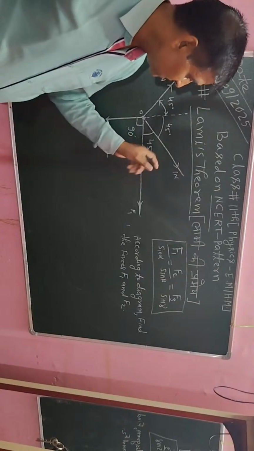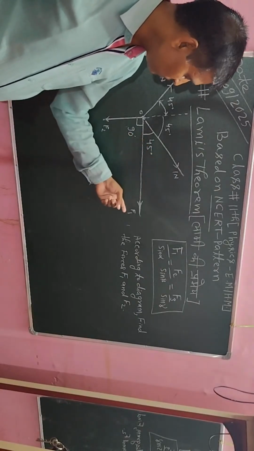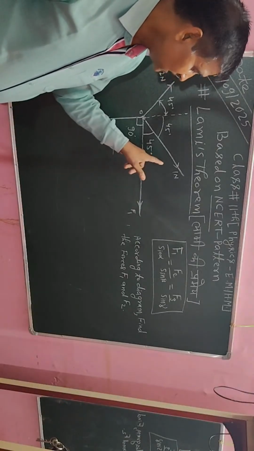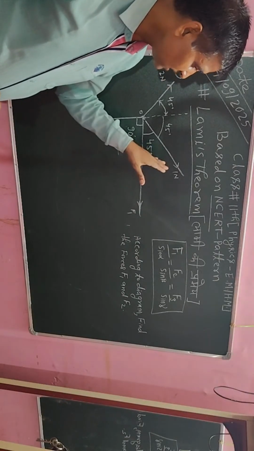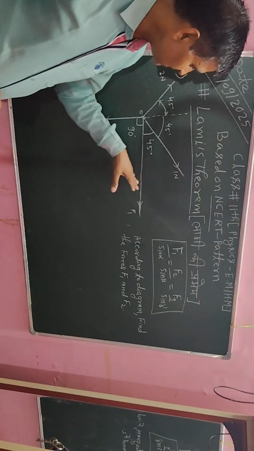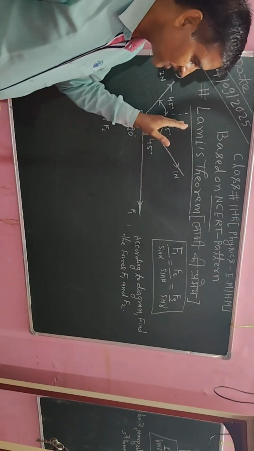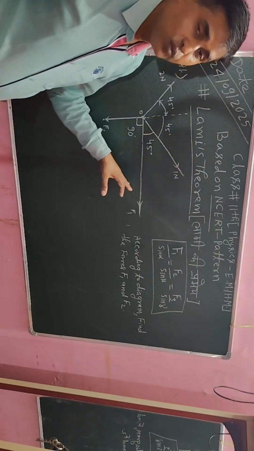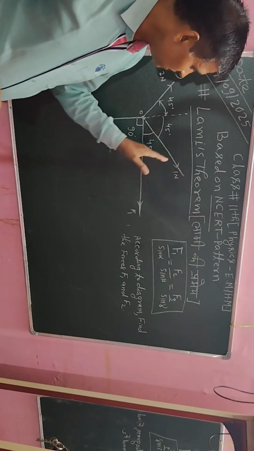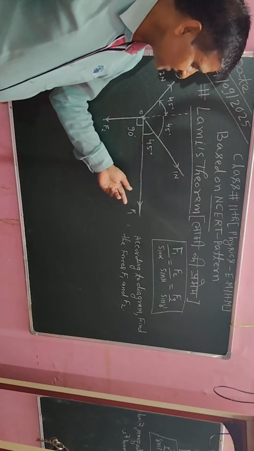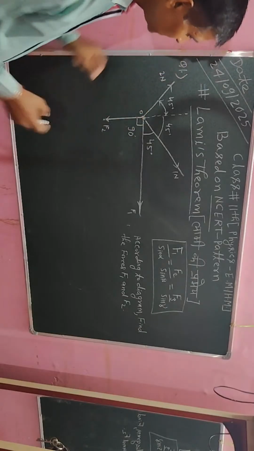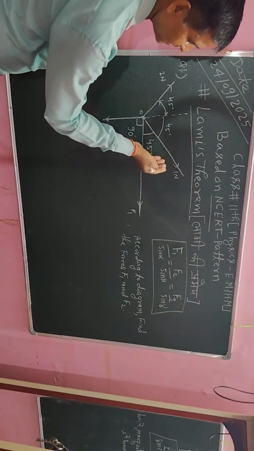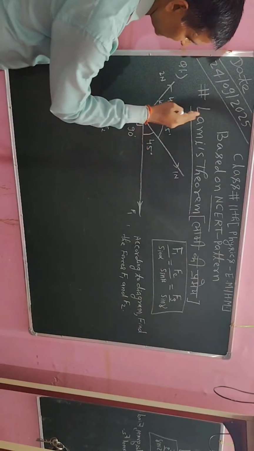In this numerical, to find the value of force F1 and also force F2, we have to take the components along the x-axis and also along the y-axis, and after resolving the component of 1 Newton, we will find the forces along the x-axis and along the y-axis.